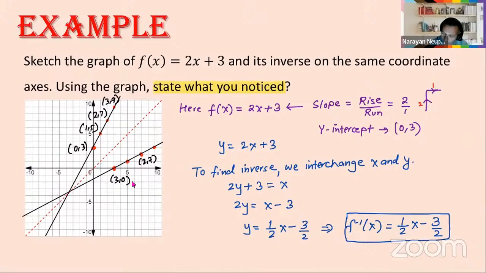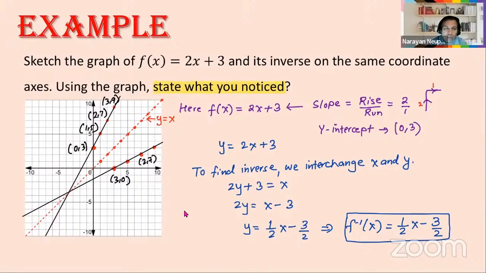If you look at the points on that line, x and y are equal: 1, 1, 2, 2, 3, 3, 4, 4, 5, 5, 6, 6, 7, 7, 8, 8, 9, 9, 10, 10. Same thing on this side, negative 1, negative 1, negative 2, negative 2. That means this is the line y equal to x.